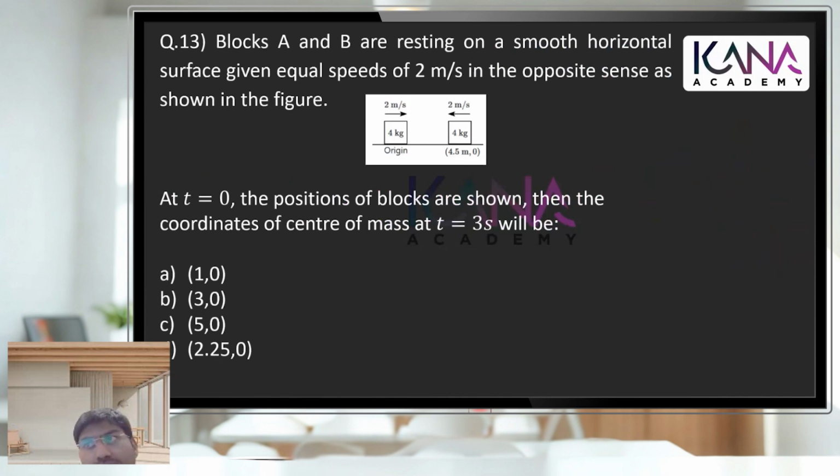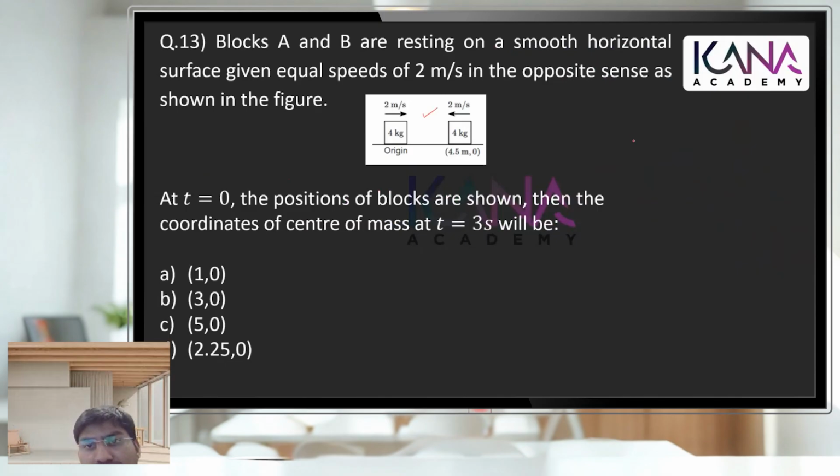Yeah, next question. There are two blocks, A and B, on a smooth surface with equal speeds of 2 meters per second in opposite directions. Find the center of mass coordinates at t equal to 3 seconds.